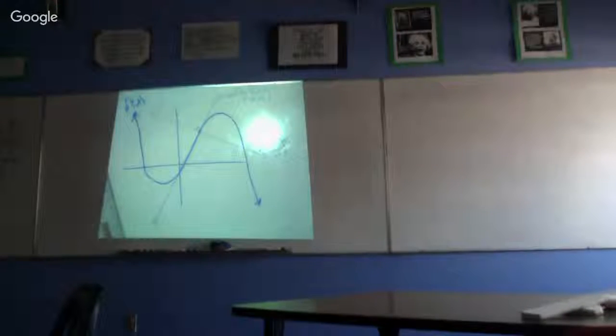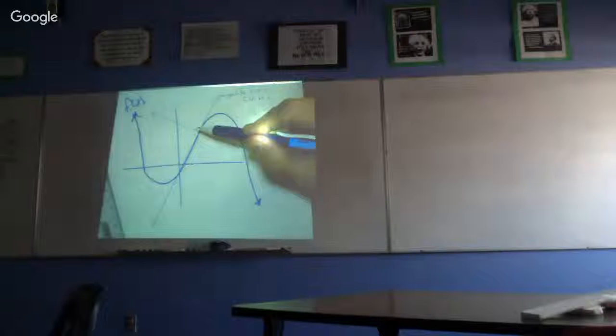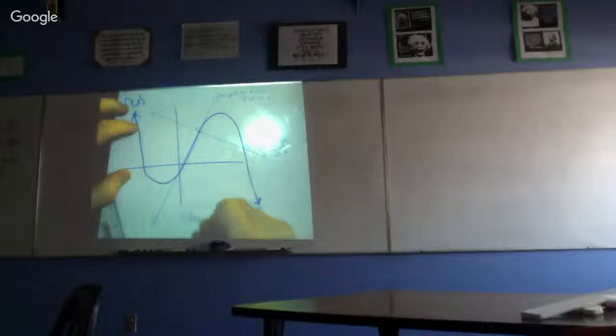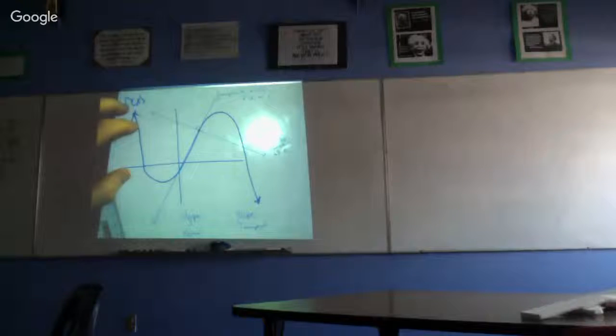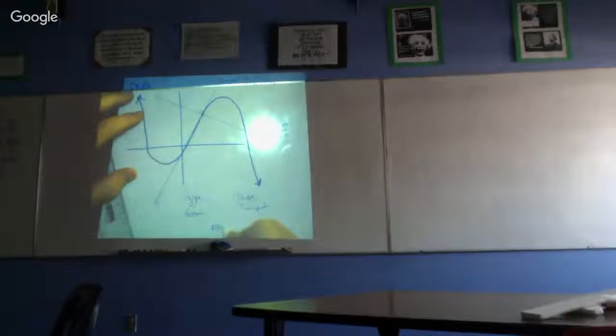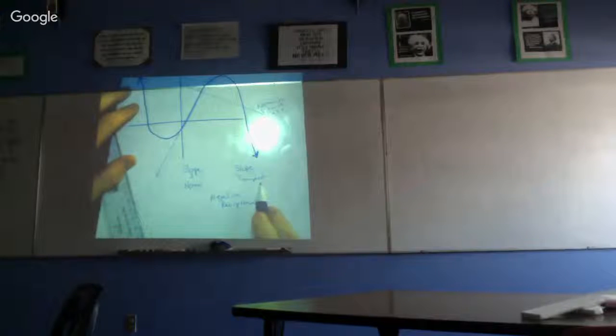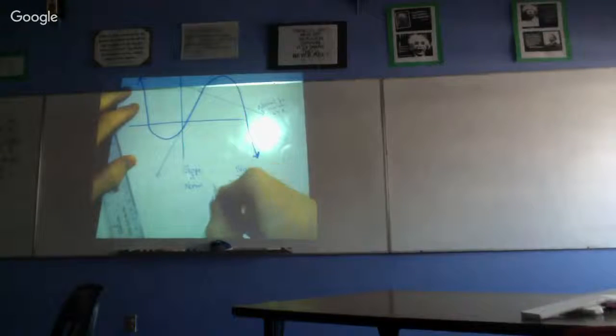And back from algebra 1, when you have two lines, a tangent line and a normal line, that are perpendicular, the slope of the normal and the slope of the tangent are negative reciprocals.